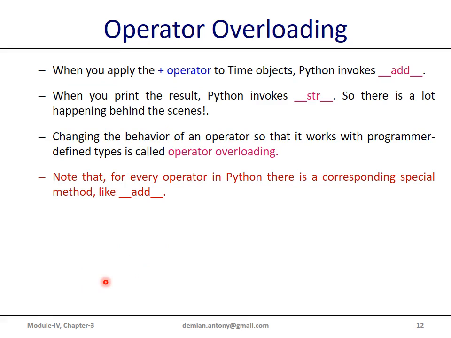When you apply the plus operator to time objects, as I said, it invokes the double underscore add double underscore method. And similarly, when you print the result, Python invokes double underscore str double underscore automatically. So there is a lot of things happening behind the scenes. And changing the behavior of an operator so that it works with programmer defined types is called formally operator overloading.